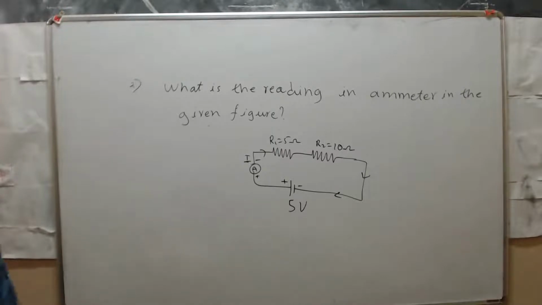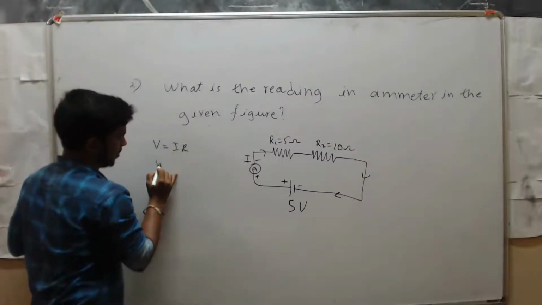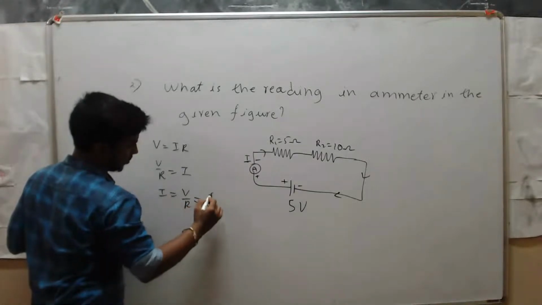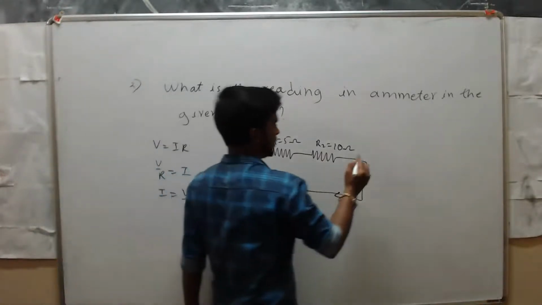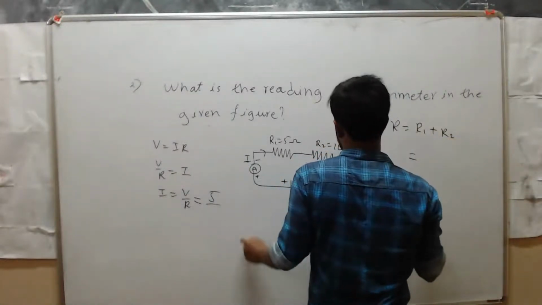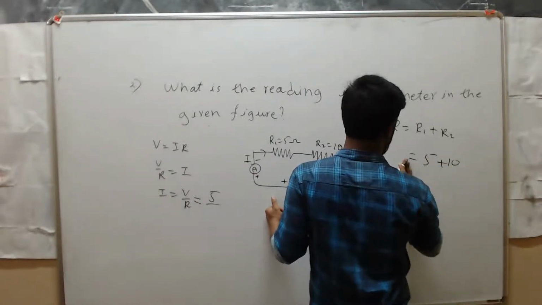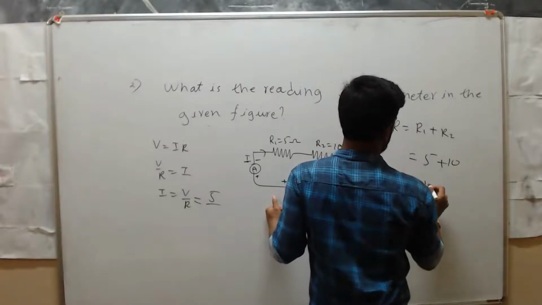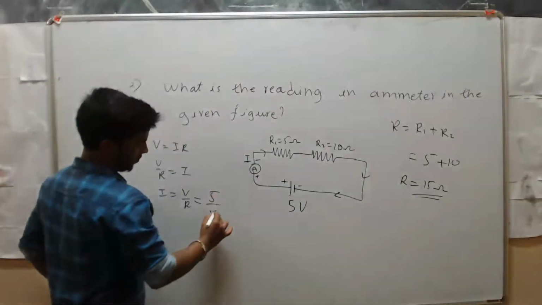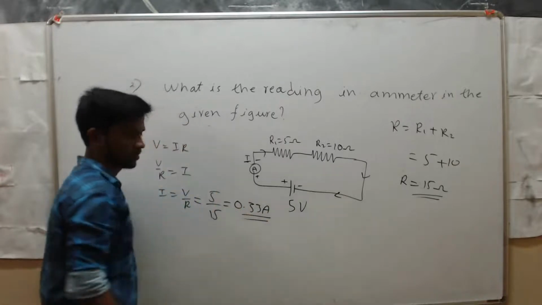Let's check, okay? For the whole circuit, we use V is equal to I into R. So I is equal to V by R. Voltage is 5. We need the resistance, right? That is R is equal to R1 plus R2, and R1 is 5 and R2 is 10. So R is equal to 15. Substitute here, 5 by 15, and you get 0.33 ampere.